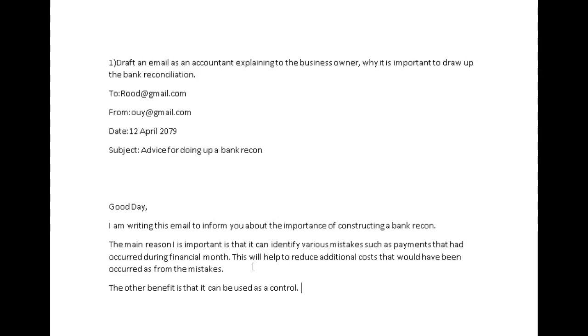So the other benefit is that it can be used as a control, such as if people are stealing money or money is not being deposited whenever it needs to be banked.